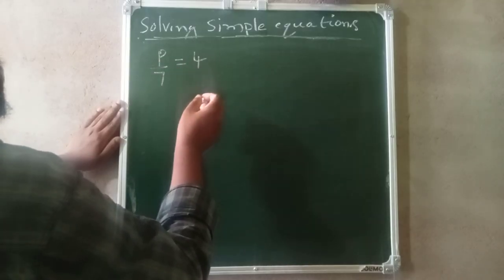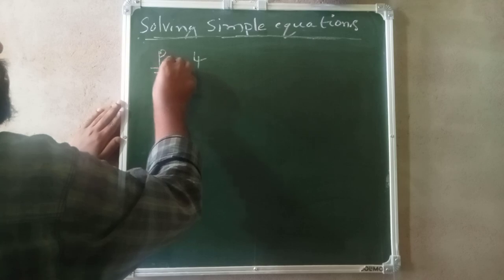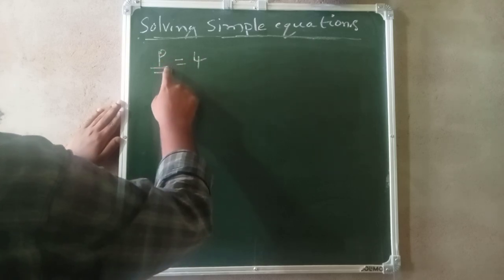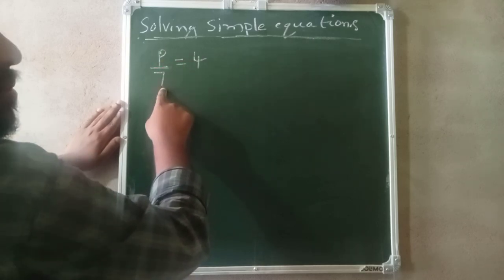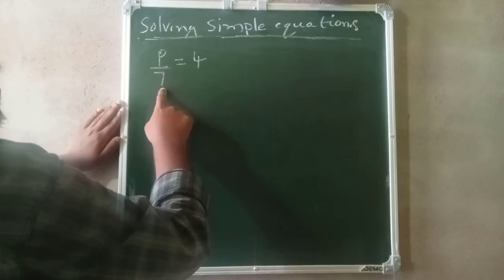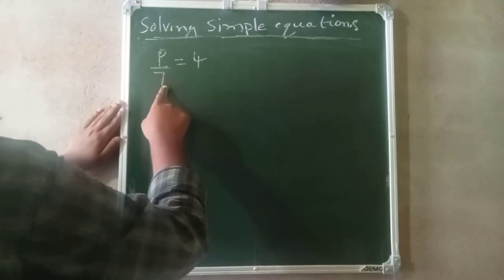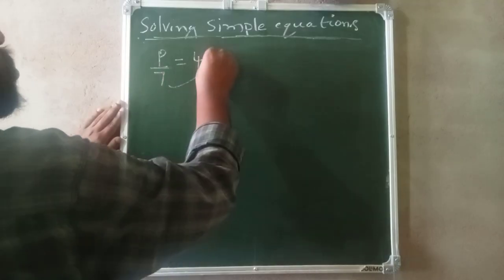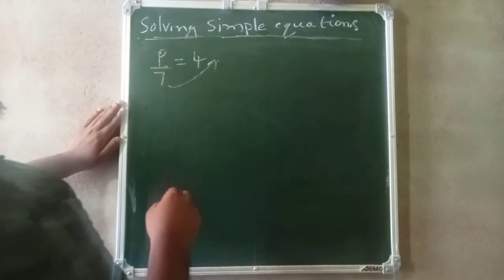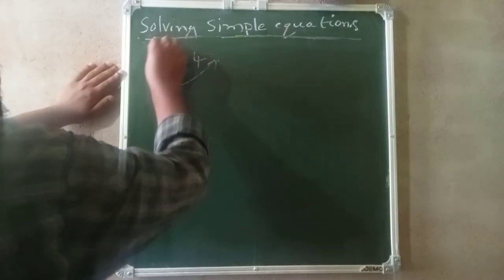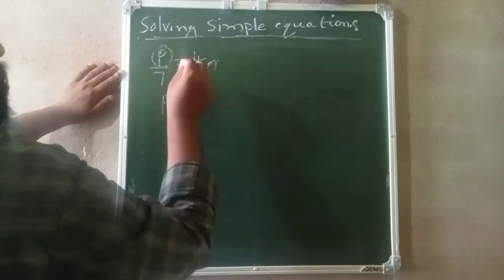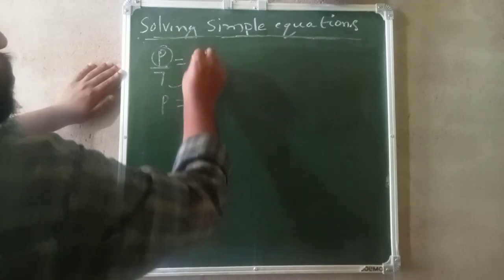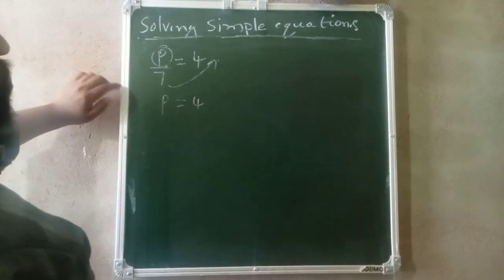So next to p, this is division, divided by 7. Okay, so divided by 7. Because of this divided by 7, you can move this to this side. So in the next step, write this p as it is, equal to, write this 4 as it is.